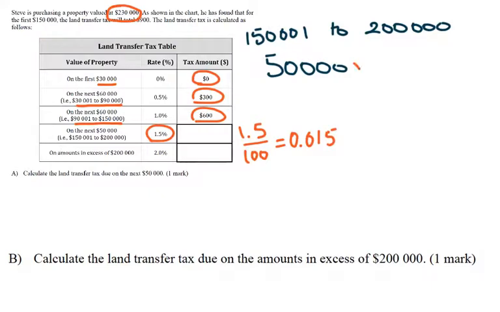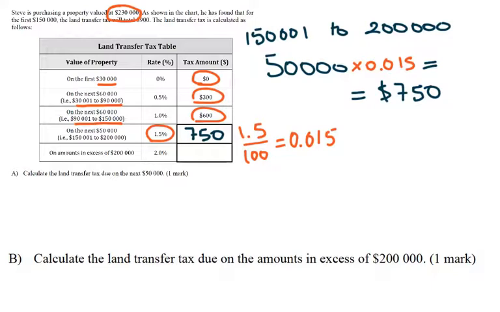So we need to multiply the $50,000 by 0.015, and this is going to give you 750. So this is what he's going to pay for the amount of money from 150 to 200,000.